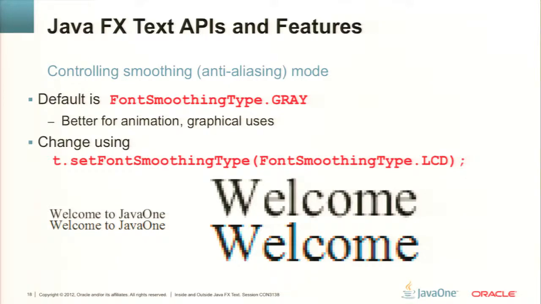We thought about having LCD be the default, or maybe on this platform or that platform, or maybe the default should be based on whether it was an installed system font, because that's how Windows renders its installed system fonts. Well, except some Windows APIs do that and some don't. So anyway, the choice we made is you get gray by default and you turn on LCD.